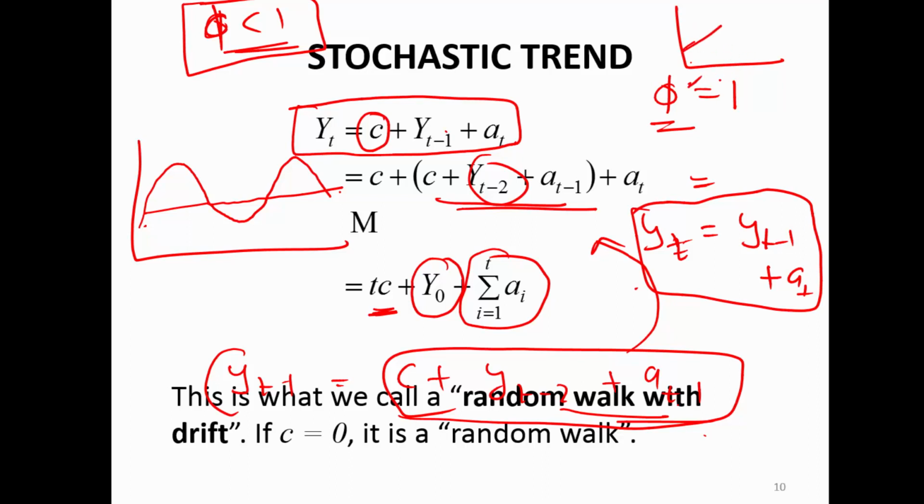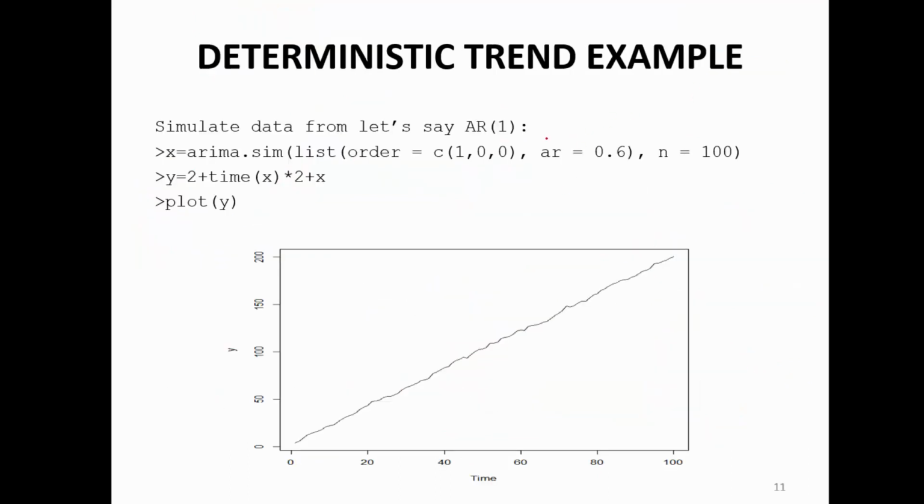So if I have a constant, we call that a drift. If c takes a value of 0, it's called a random walk. So random walk is nothing but yt equal to yt minus 1 plus at. That means the next future value is just the past value plus some error term, and that's very difficult to even predict. We'll see that by simulating a series.